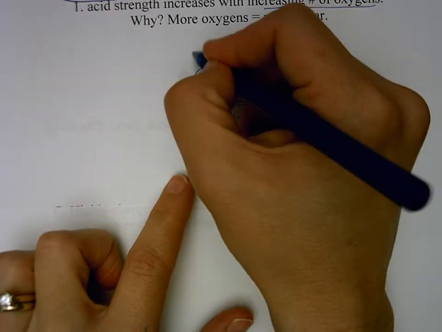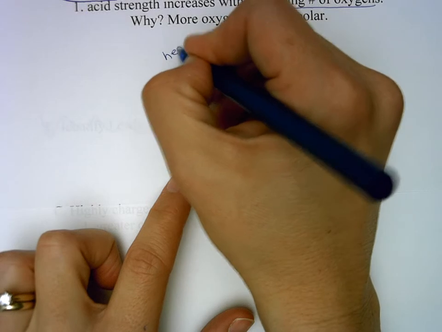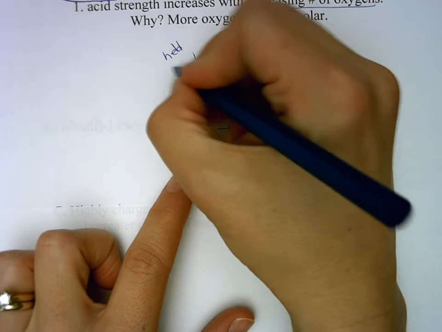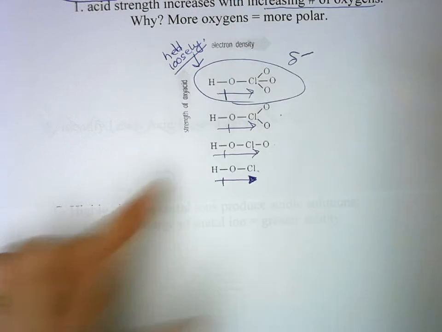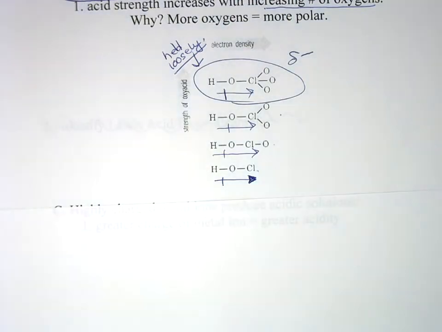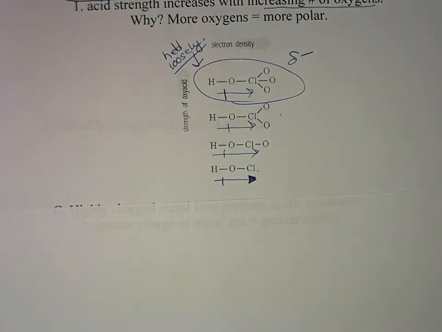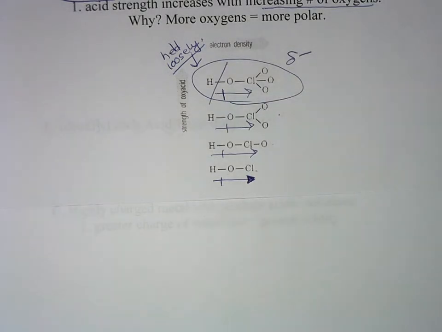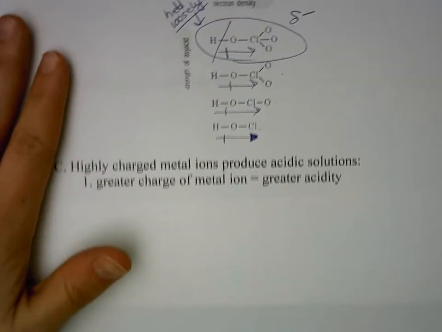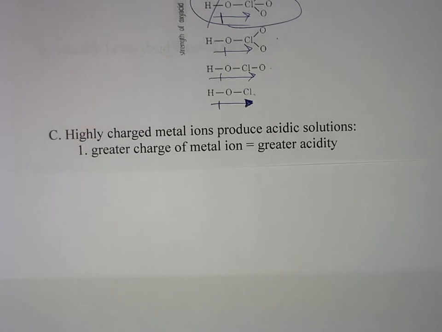And so that means that this is held very loosely onto that molecule, and so it's going to fall off very easily. You're going to have greater dissociation of hydrogen, and if you have greater dissociation of hydrogen, you have a stronger acid. So more oxygens make it more polar, easier for the hydrogen to dissociate.